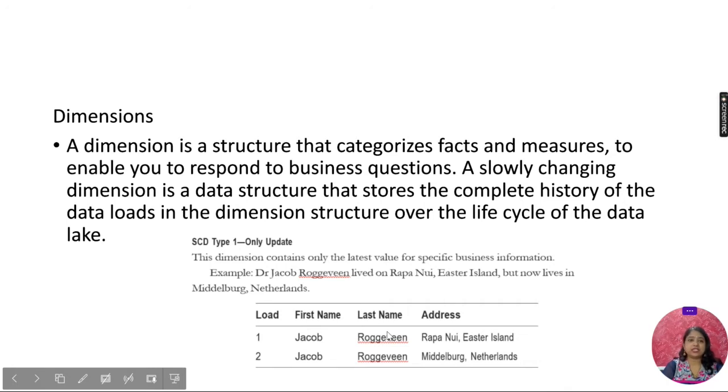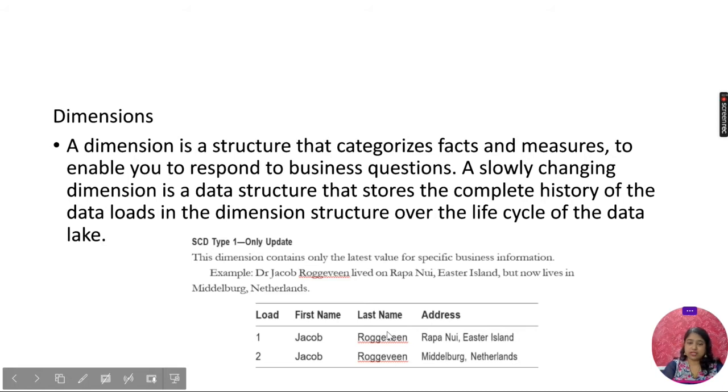A slowly changing dimension is the data structure that stores the complete history of the data loads in the dimension structure over the life cycle of the data lake. In a slowly changing dimension, it happens that a person's address will remain constant for many years, but afterwards the person may shift to a new address, so the address may change over a period of time.